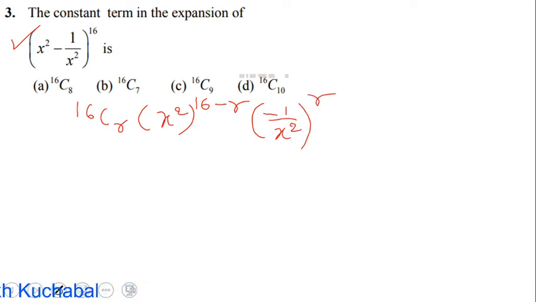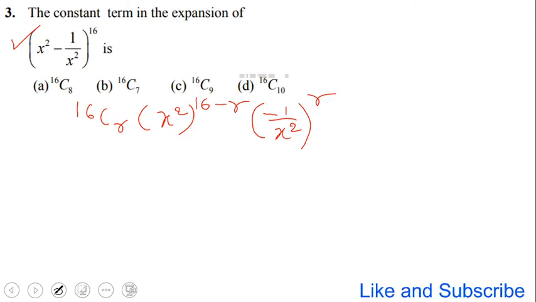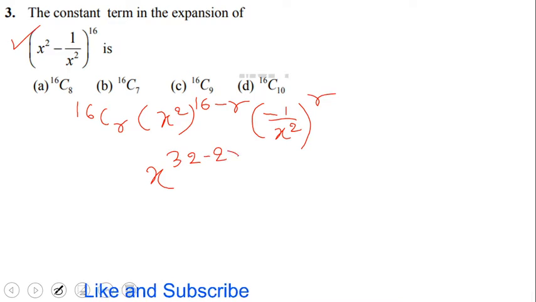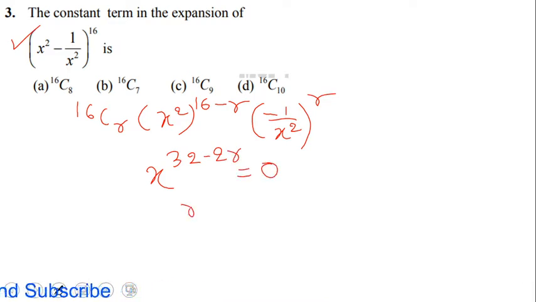Now we need to calculate the constant term, so I am going to take the independent term. The independent term is where x power we have to equate to 0. x raised to 2 into 16 minus r, multiplied by 2, 16 twos are 32, minus 2r equals 0. On simplifying, we get the r value as 8.